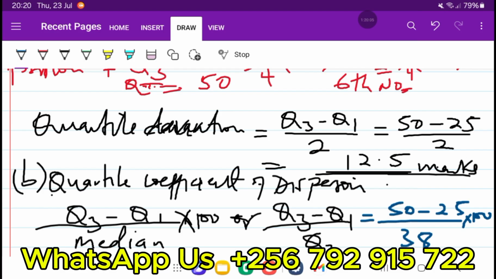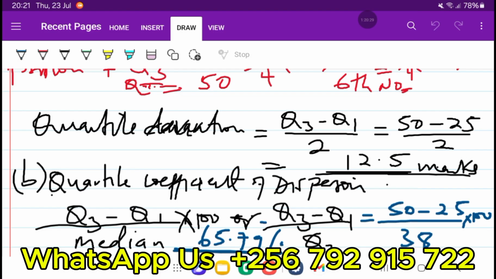The median, we said, is the number that is in the middle. Of course, the answer is 65.79%. That's the answer.